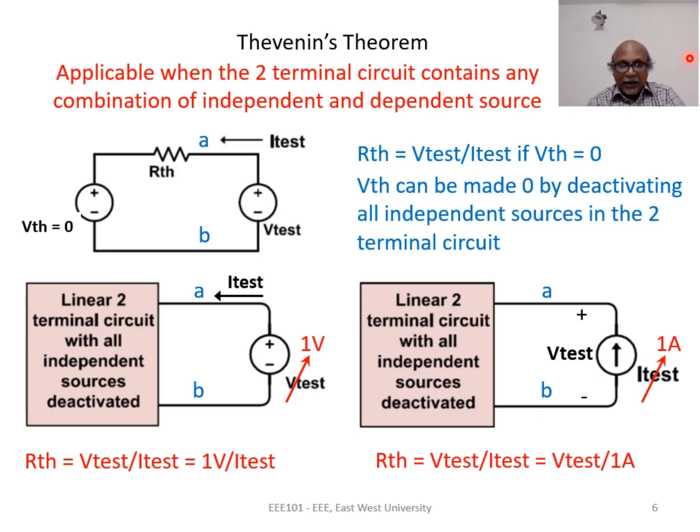Case 1 applies when there is no dependent source. Special case applies when the circuit contains one or more independent sources. But source-wise, case 2 is always applicable. Okay? So you may ask, why learn all three techniques? If I only learn case 2, I can find out RTH for any circuit.